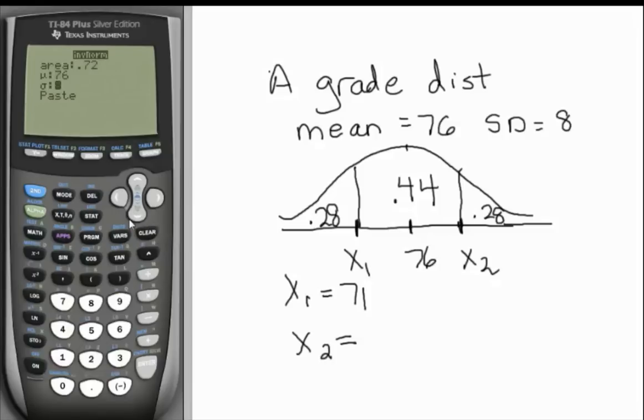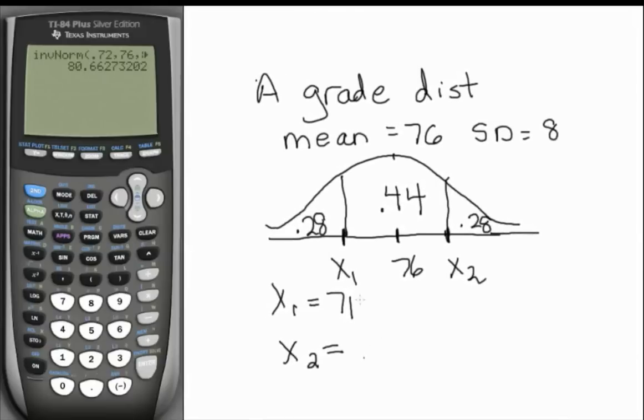Mean is the same, standard deviation is the same as before, and we get about 81. All right, so the boundary between the D's and the C's is 71. The boundary between the C's and the B's is 81.